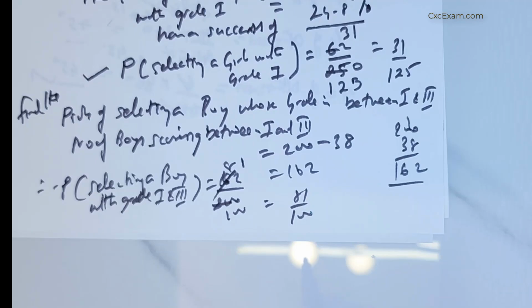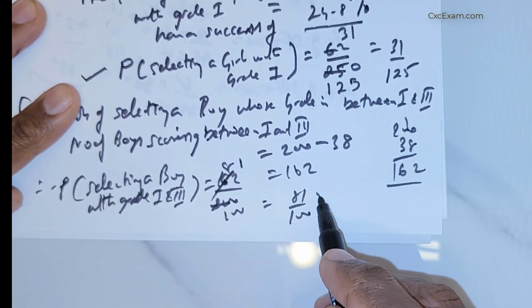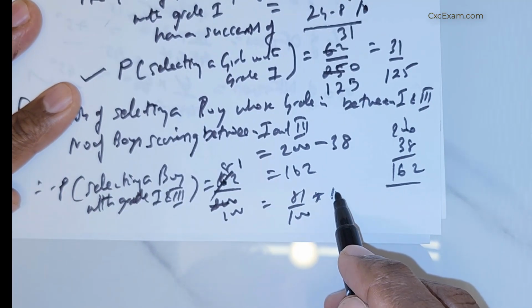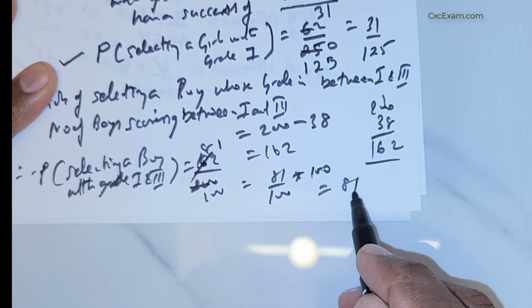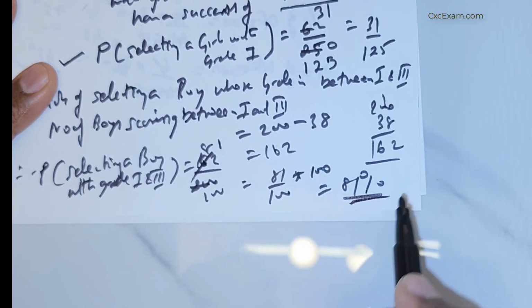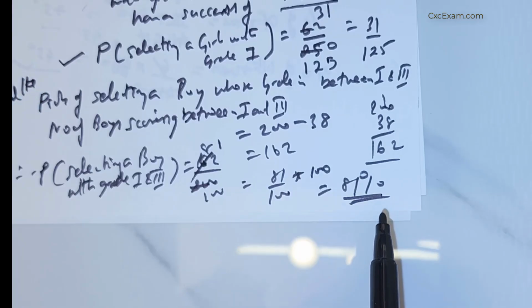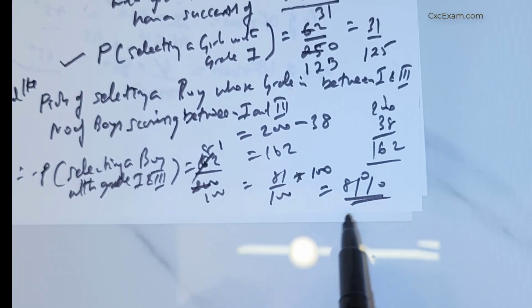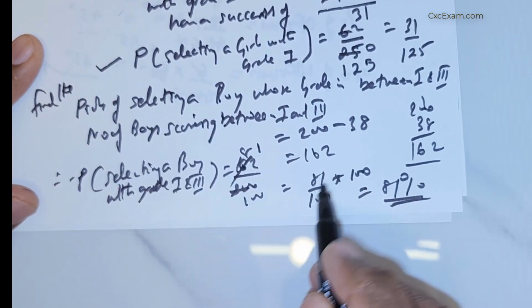Okay, so you can reduce this. If you want to get the percentage, you multiply by 100. So what do you get? 81% probability if you are going to be selecting a student. So clearly this conveys a different meaning to this.